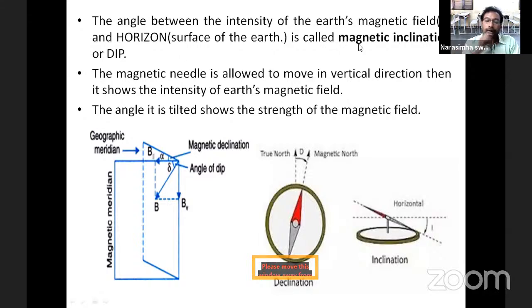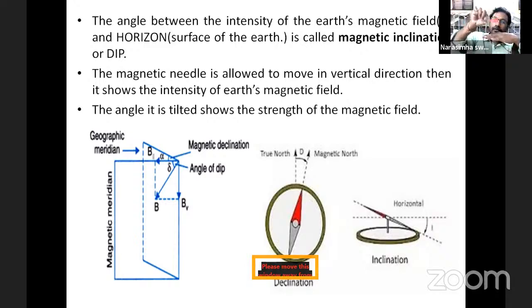See here, up to now you might have an idea that the magnetic needle always shows only the horizontal direction. If you hold this magnetic compass, it always shows the horizontal deflection only. If you hold it like this, it shows vertical deflection. So this is the Earth surface and intensity.